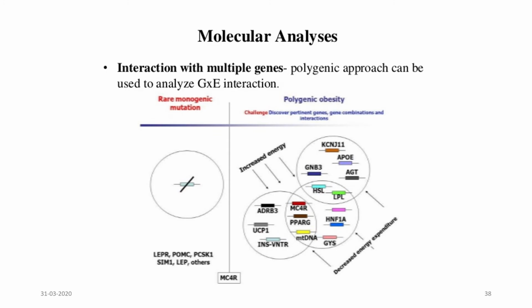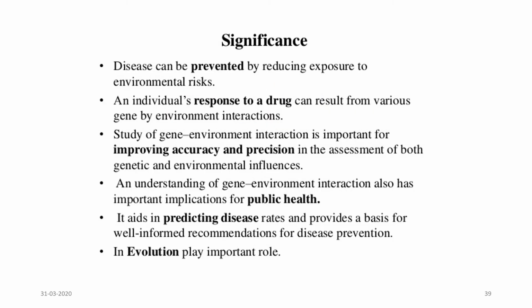So you can determine whether a single gene, through the type of mutations or SNPs, or polygenic genes are affecting the condition, and with the environmental effect that gives a clear picture of what kind of gene and environmental interaction is there. By understanding gene and environment interaction, disease can be prevented by reducing exposure to certain environmental risks.